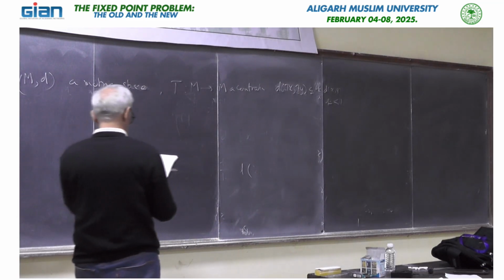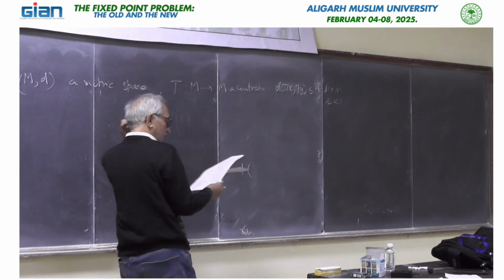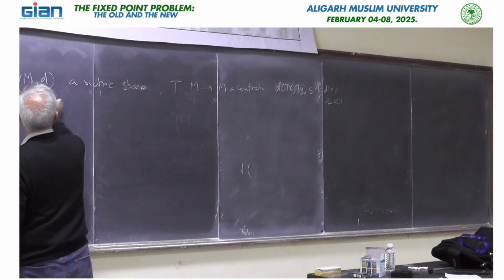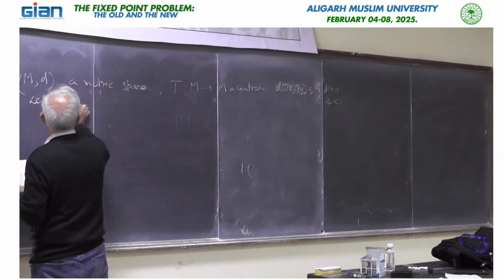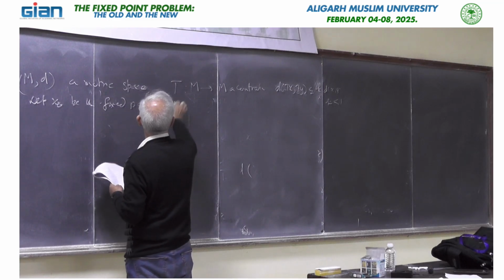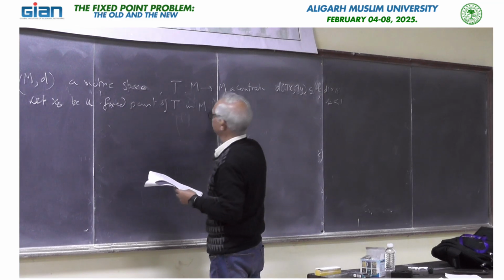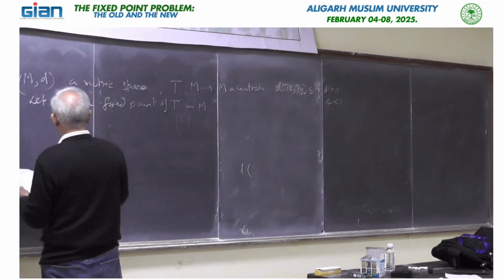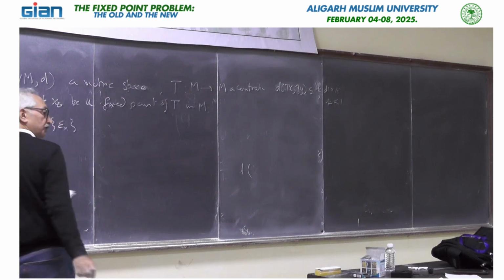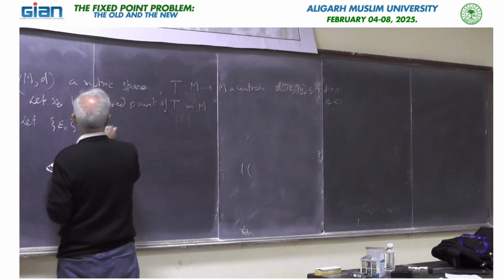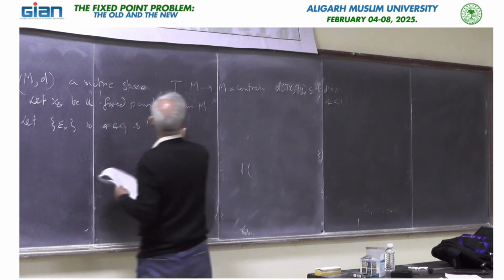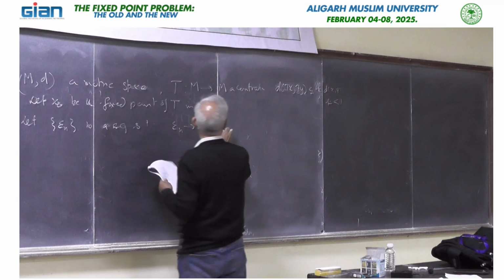Now, supposing that we know that, there will be a unique fixed point, and let us denote x_0 to be the fixed point of T in M. Let a sequence of positive numbers epsilon_n be such that epsilon_n tends to 0 as n tends to infinity.